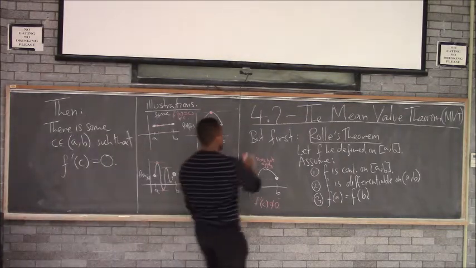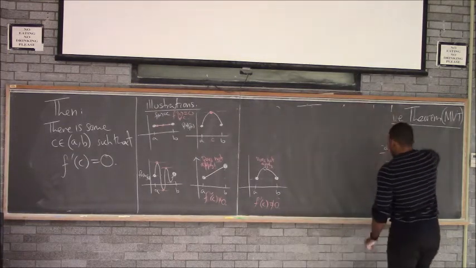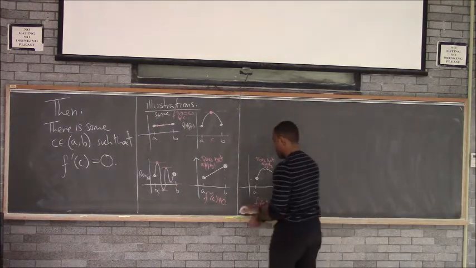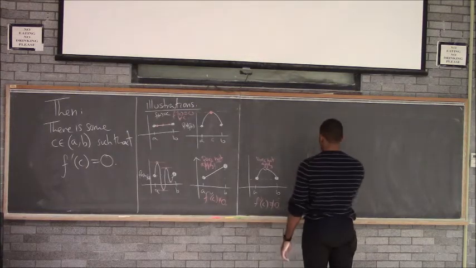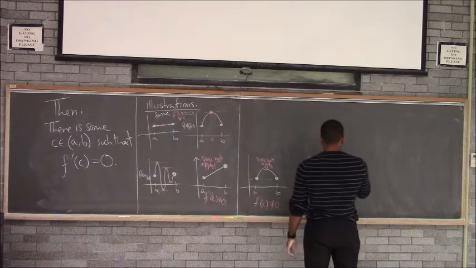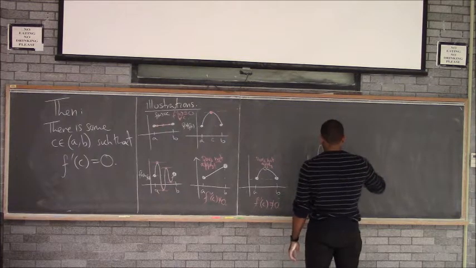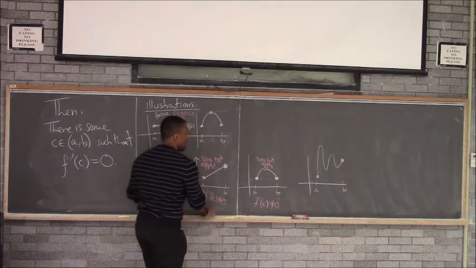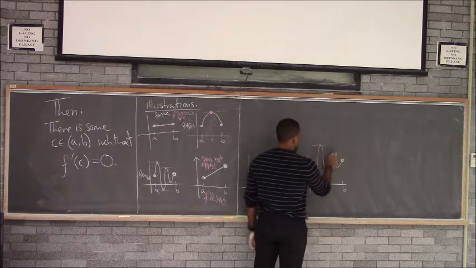Here's also a non-example. A particular kind of illustration. A, B, different values. I want you to notice that there are points here where the derivative will give me 0.